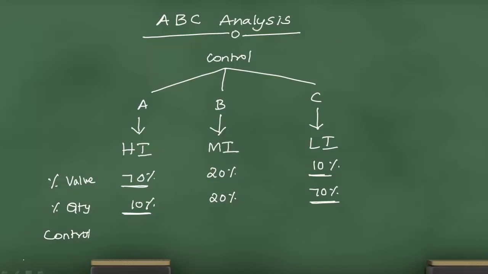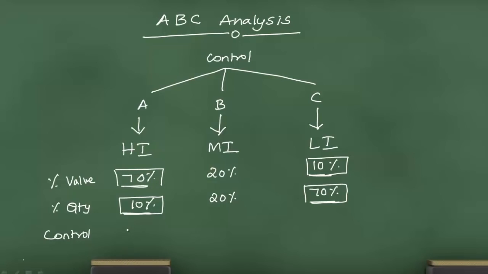It is not going to reward us if all our attention is on this 70% because its value is only 10%. Our more attention should be on those materials which, though they are only 10% in quantity, have a value of 70%.